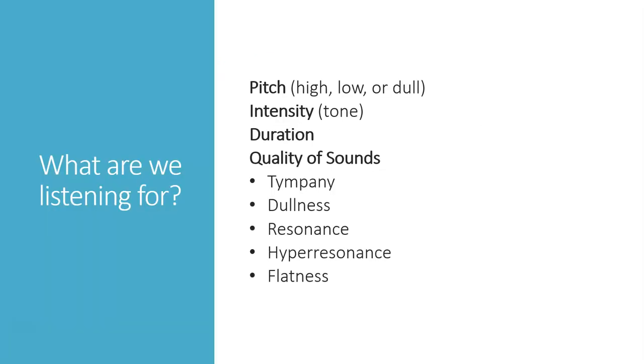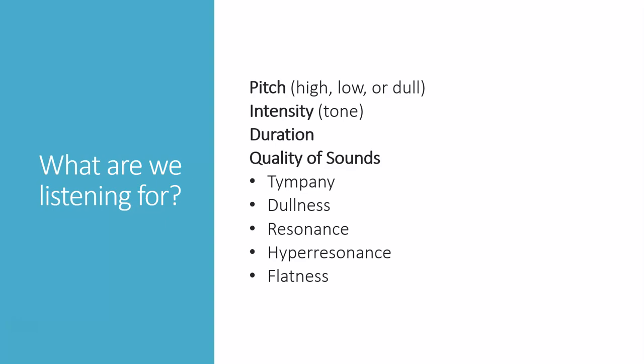Okay, so what are we listening for when we are percussing? There are going to be different pitches, so high, low, or dull. There's going to be intensity or the tone, the duration, and then the quality of sounds. Some examples of sounds you might hear: timpani, dullness, resonance, hyperresonance, and flatness.